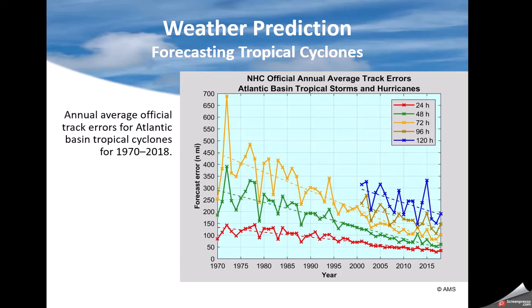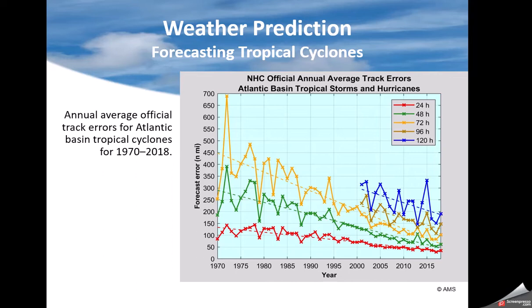Forecasts of tropical systems have taken a major improvement since we started using ensembles and brought in more data to them. Look at this. I mean, our error. We never used to make a 120-hour forecast, you can see, before 2000. Now, the 100-hour forecast is as good as what used to be a 48-hour forecast. That speaks volumes about how accurate we are in knowing what the hurricane is going to do.